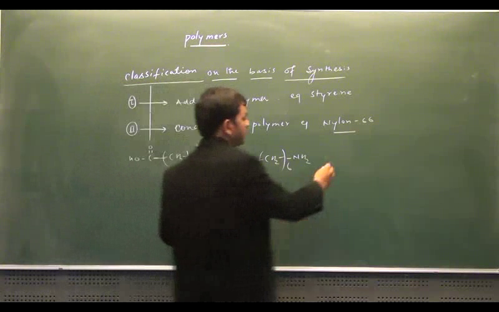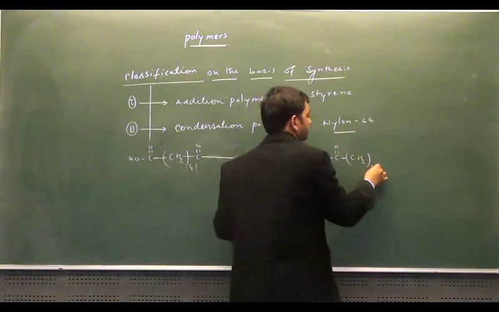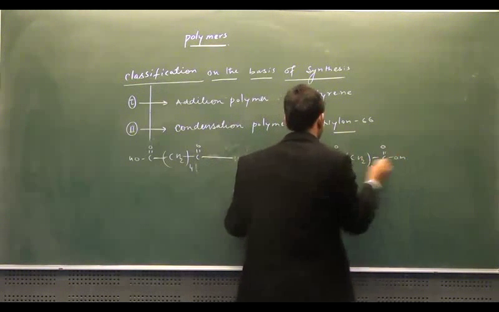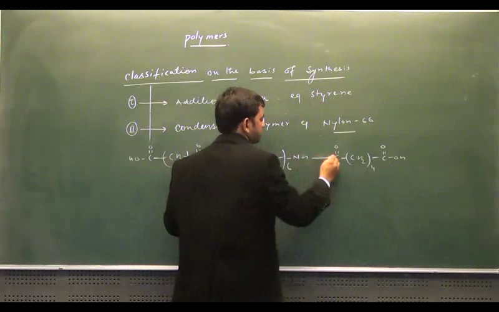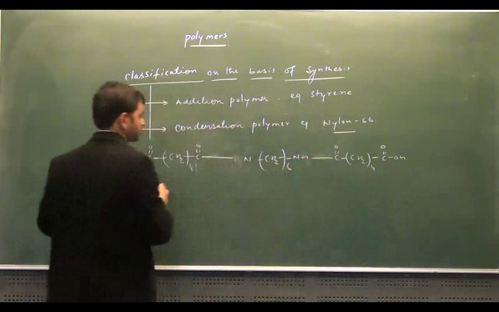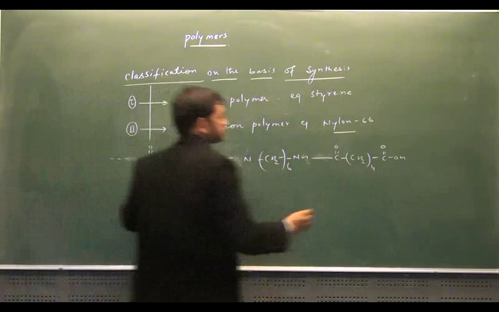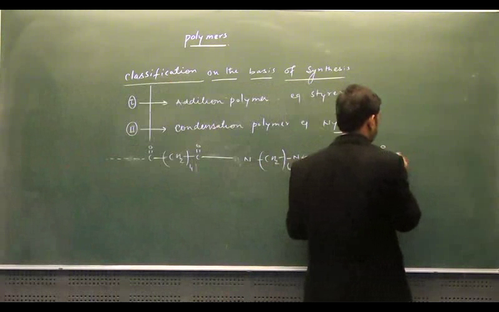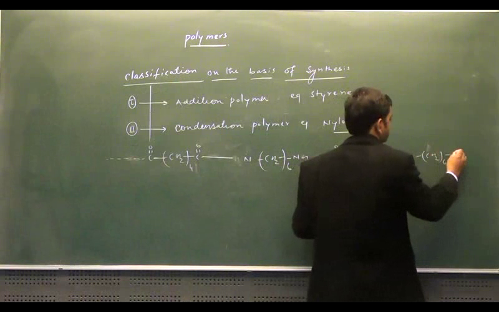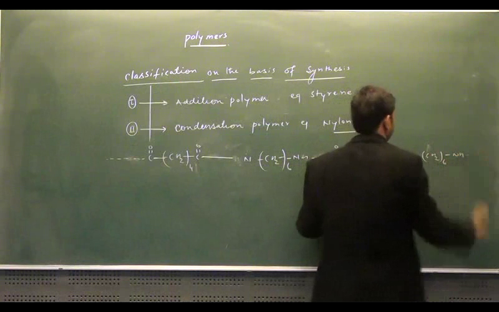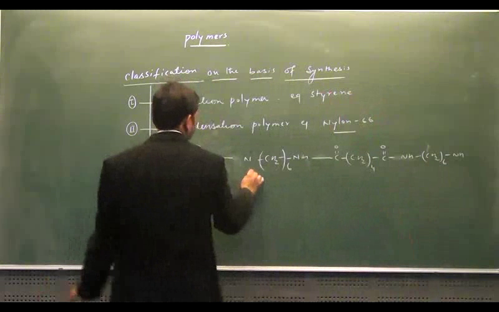Similarly, again COOH CH2 whole 4 COOH, it removes the H2 molecule, so it forms NH. Again here it is NH CH2 whole 6 NH. So it removes the small molecule, that is condensation. This is nylon 66.